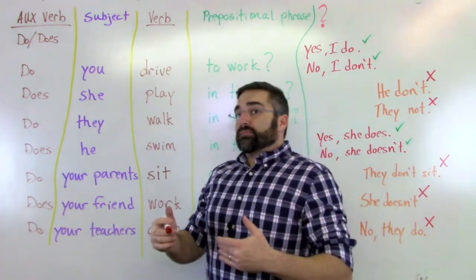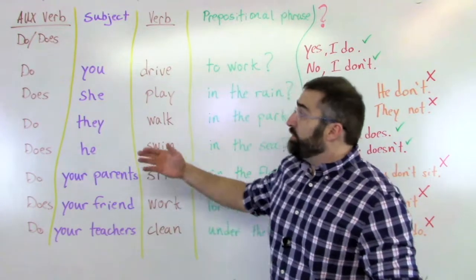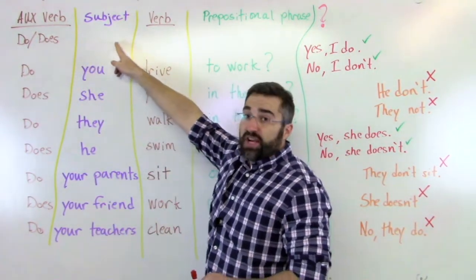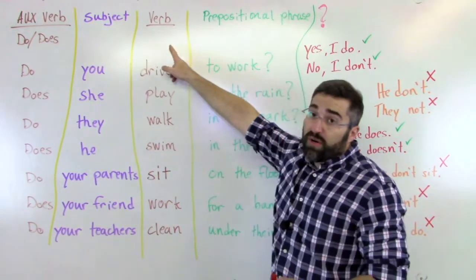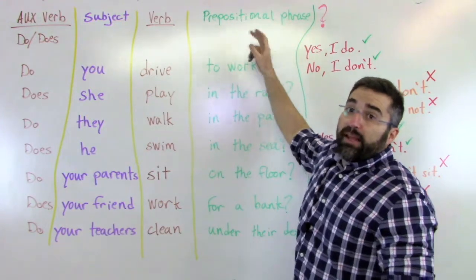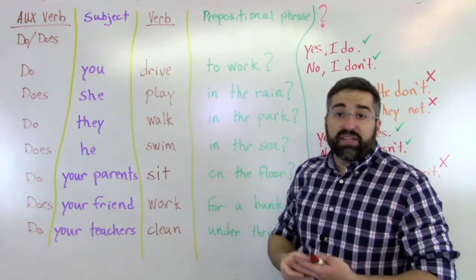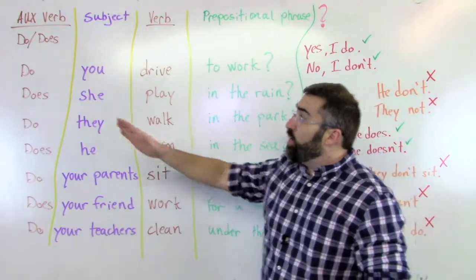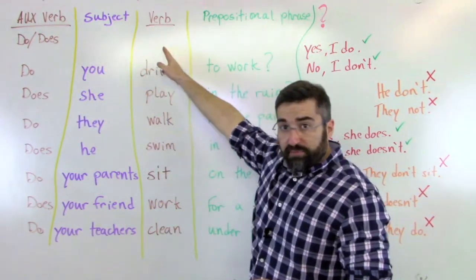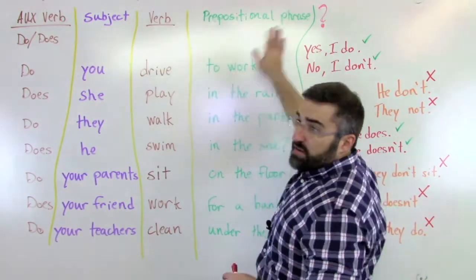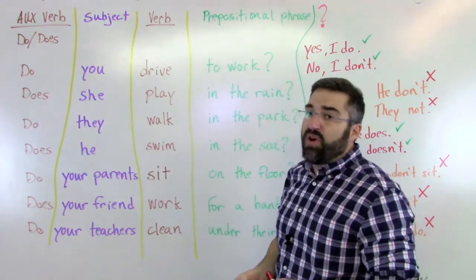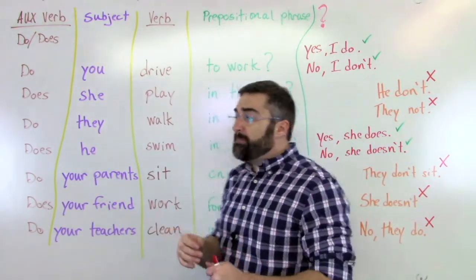Now, what I have here is an auxiliary verb, the subject, a verb, and a prepositional phrase, okay? This would be one of the best orders for questions. This is how we start, especially auxiliary verb, subject, verb. After that, this can be different, maybe an adverb or maybe some more verbs, okay?